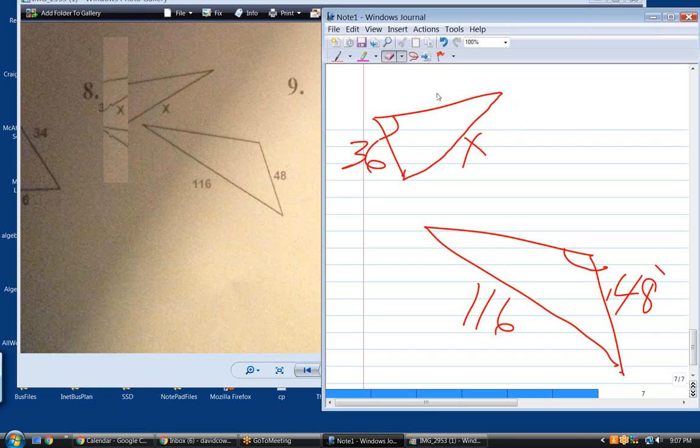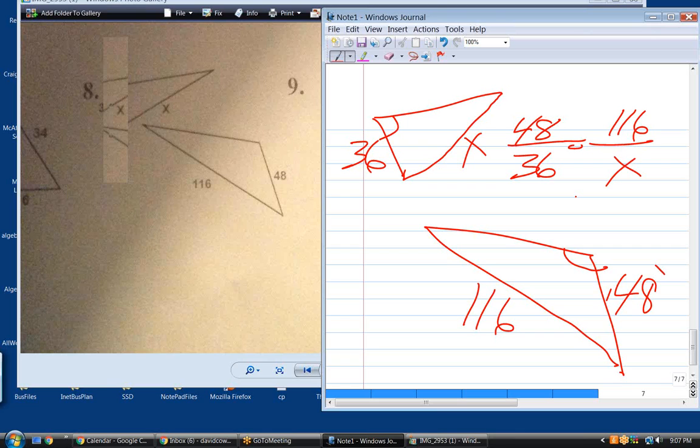Okay? So I have big to little, 48 is to 36, as what? X is to 116. You just went little to big. 116 to X. There.